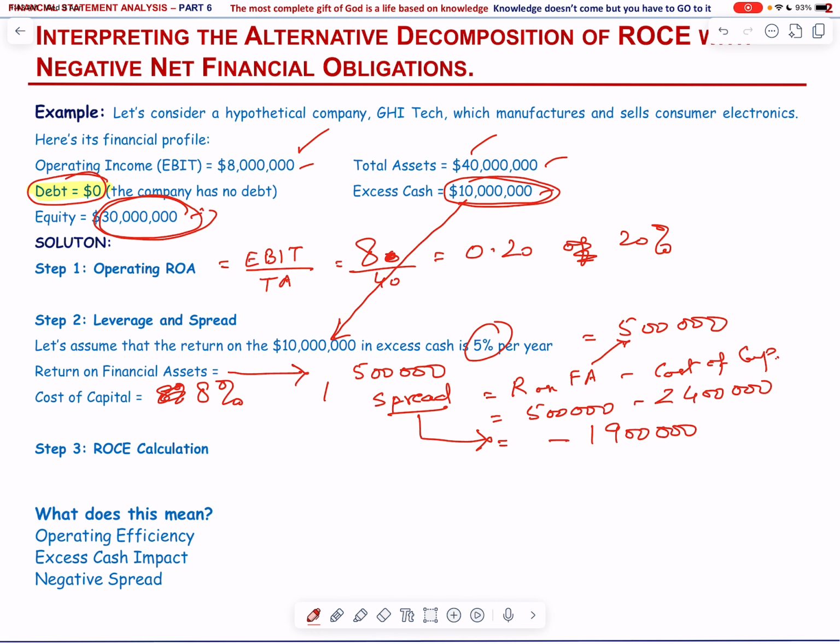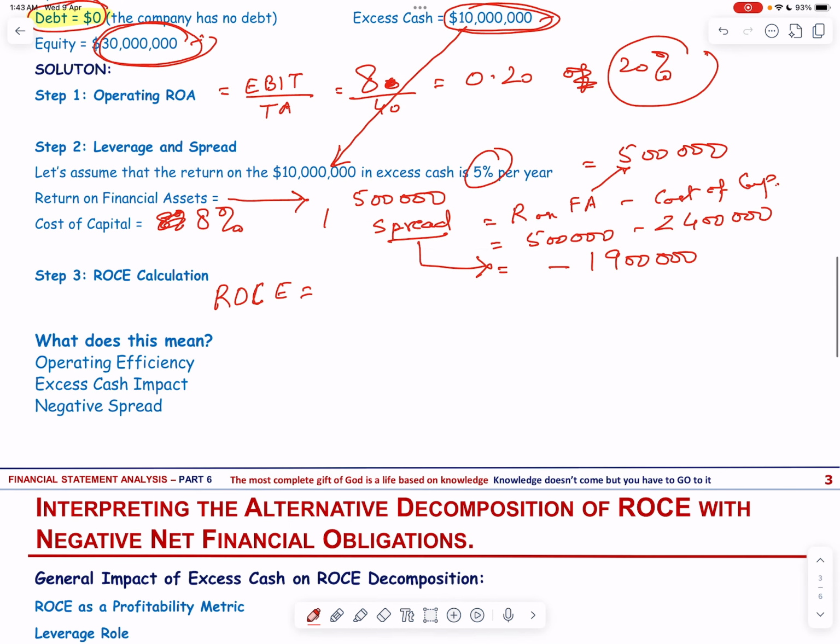So ROCE, that is the operating return on assets, and that is 20%.